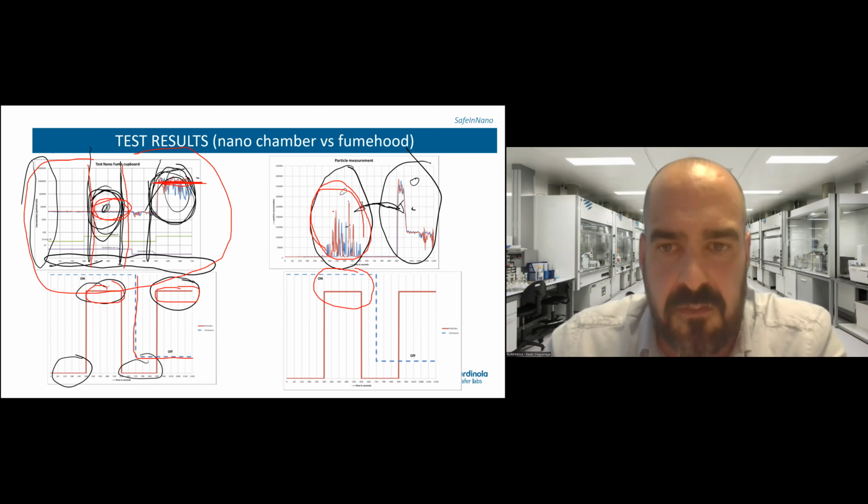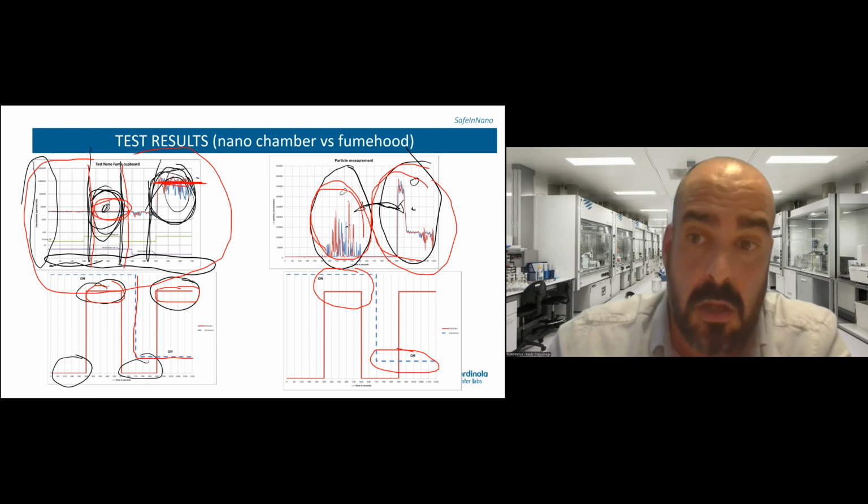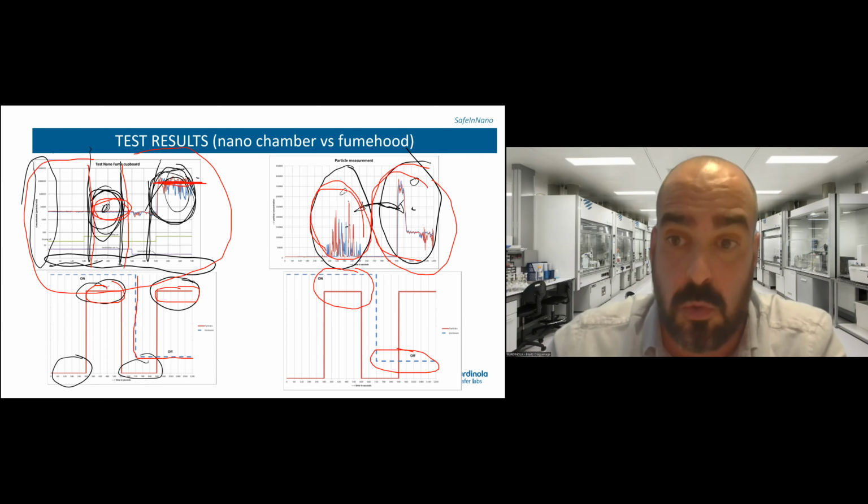So here we have a great containment break of the fume hood. And of course, this is a typical result. If the equipment is not running, we detect a lot of particles outside because the protection system is not working.